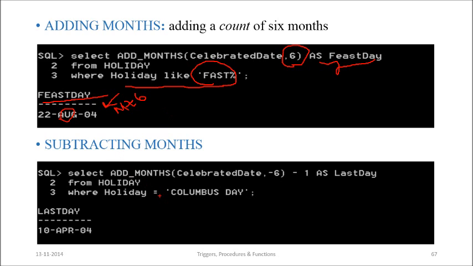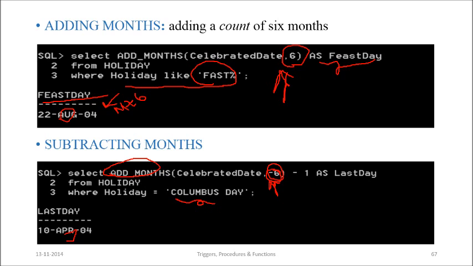Then subtracting months. It has the same function, ADD_MONTHS, but the only thing is here we specify 6 positively and here we specify -6, indicating a minus operation, that is subtracting. In the same way Columbus Day is extracted and 6 months is being decremented.